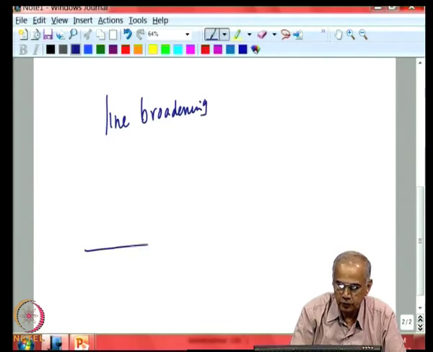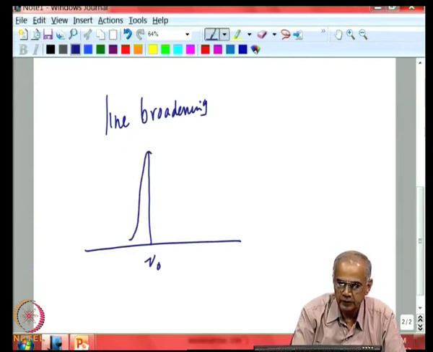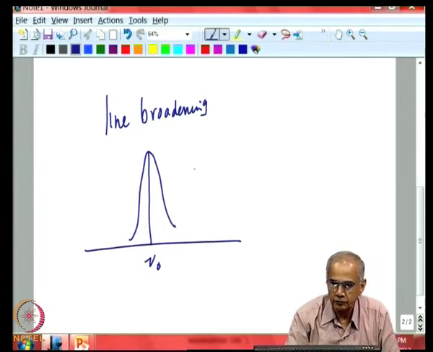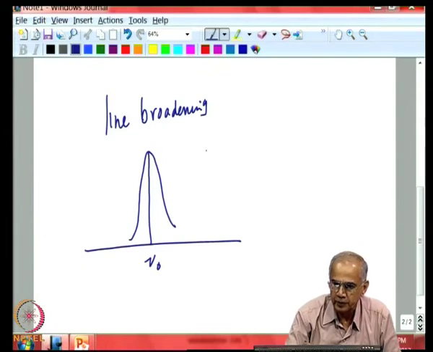What I showed you was a single line at a certain frequency, but this line will actually have a shape like this, and this broadening can occur fundamentally for our purpose in two ways, due to collisions.